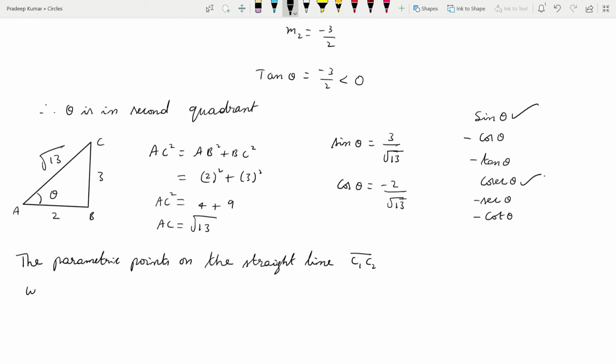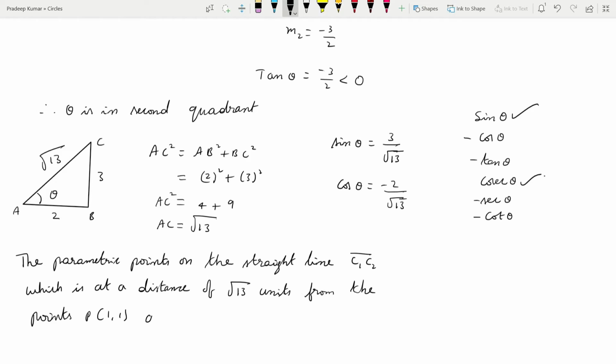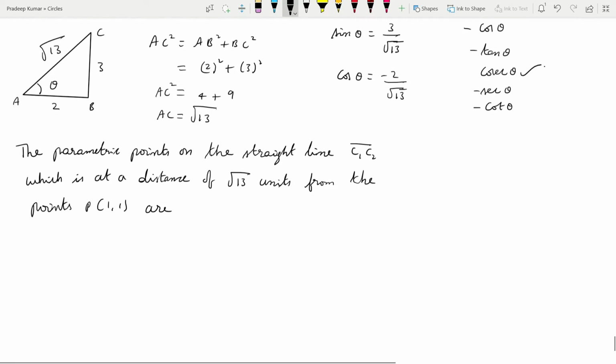That is at a distance of, what we got, root 13 units from the point P(1, 1). So now we'll get the parametric points.